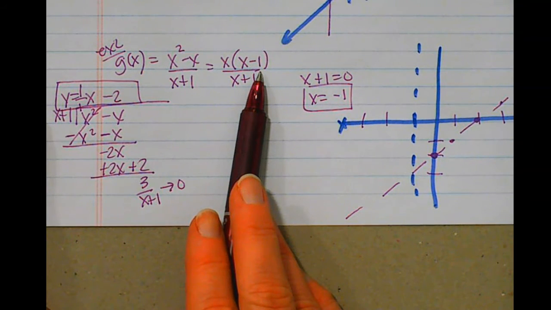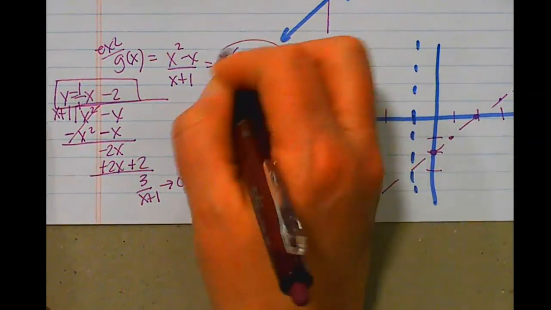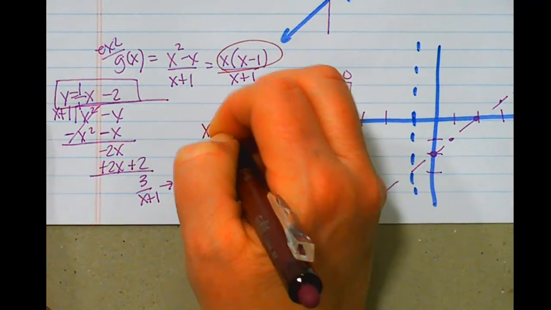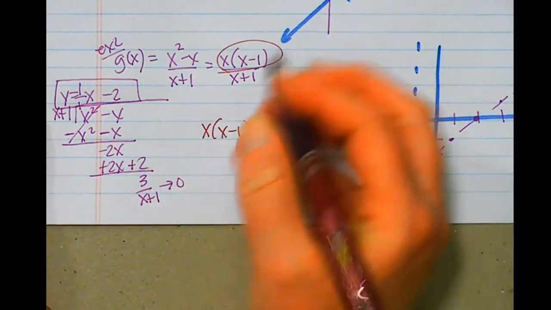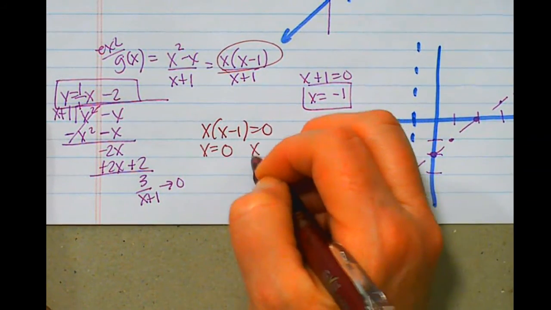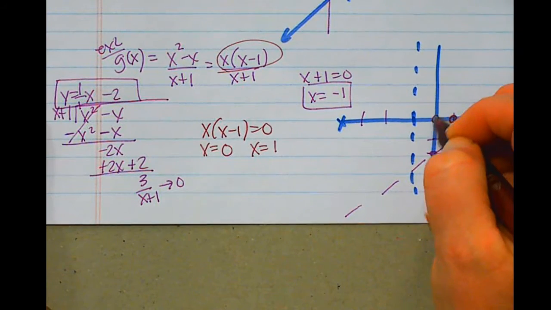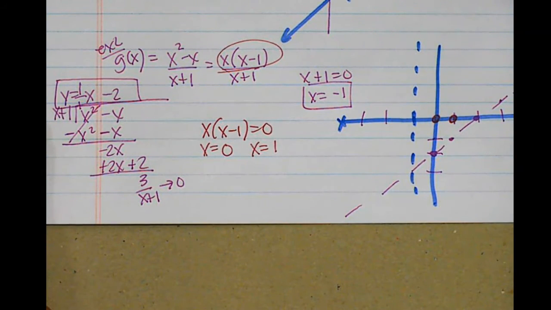So those are called the x-intercepts when we set it equal to 0 and solve it. So if we do this, x times x minus 1 equals 0, and separate it out, x equals 0 and x equals 1. Those 2 points are where it crosses the x-axis.